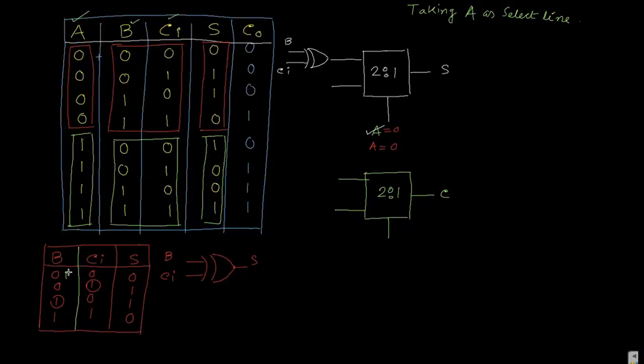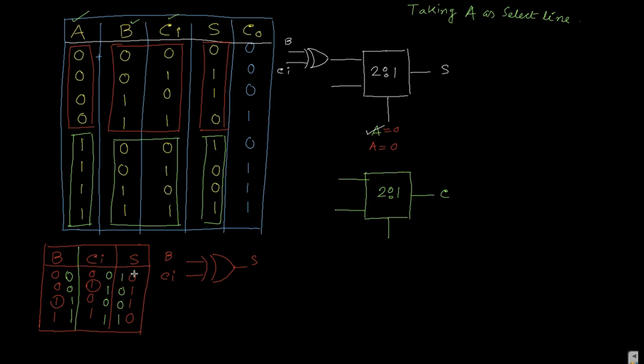So B is 0 0 1 1, Ci is 0 1 0 1, and the output is 1 0 0 1. It means for 0 0 it is 1, for 0 1 it is 0, for 1 0 it is 0, and for 1 1 it is 1.